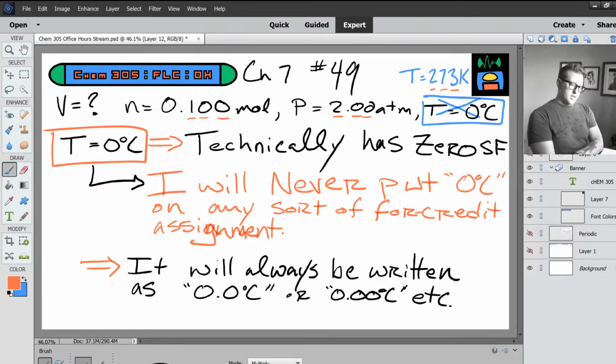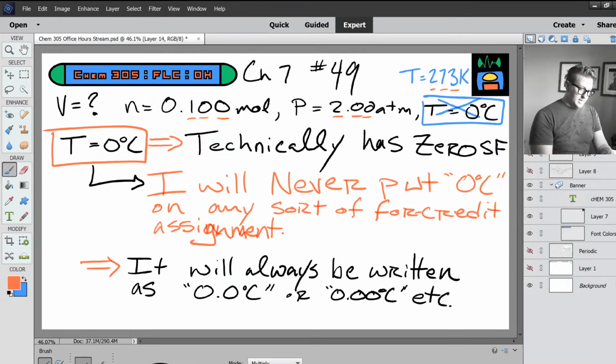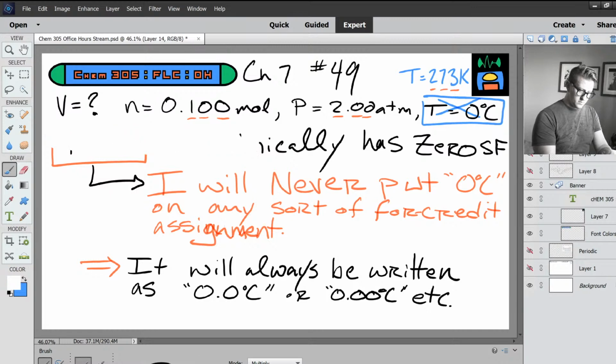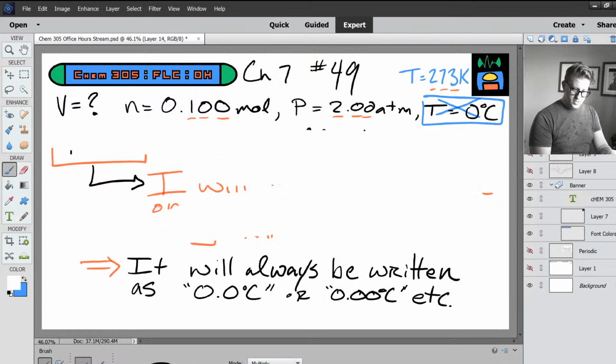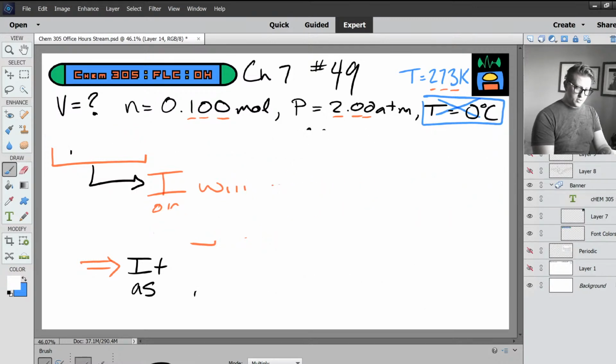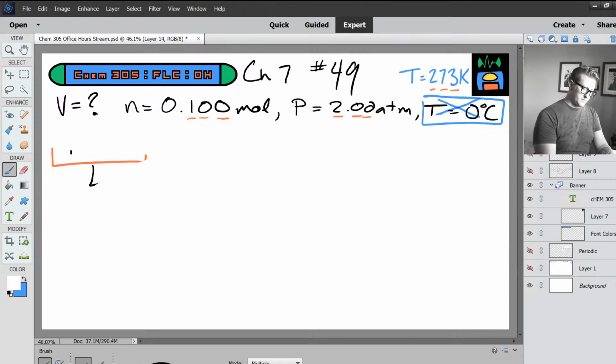So let's just roll with these and use them to calculate our answer. So, with that diatribe under my belt, let's now solve this problem.